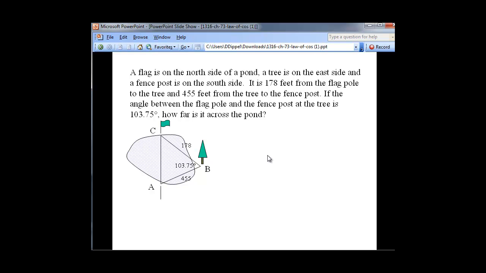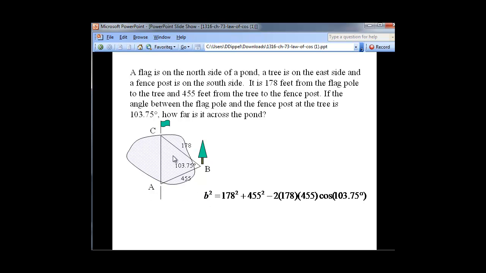Now suppose we have a problem where the flag is on the north side of a pond, the tree is on the east side, and the fence is on the south side. We have some numbers. From C to B is 178. From A to B is 455. We want to find out how far it is across the pond. We can take our angle and our sides and plug that into the law of cosines.